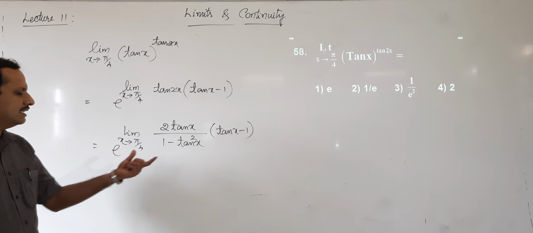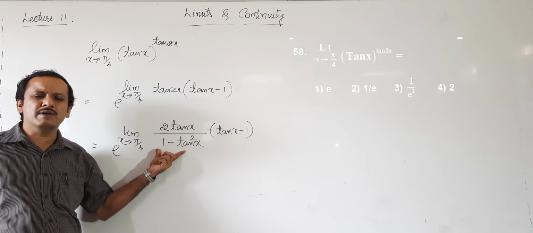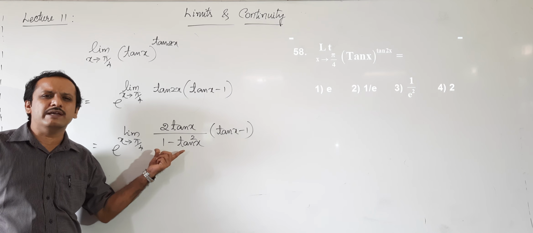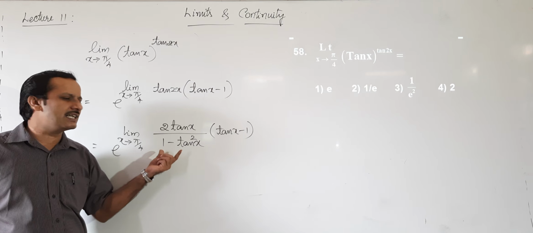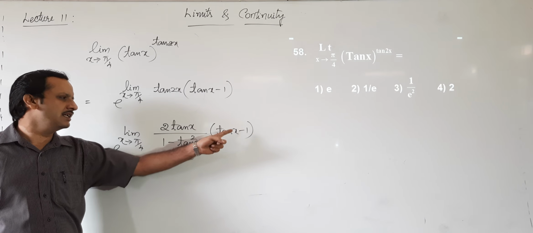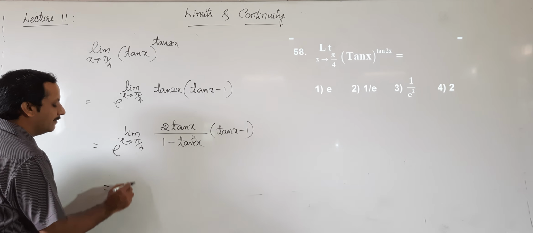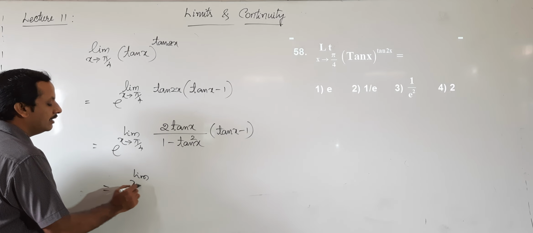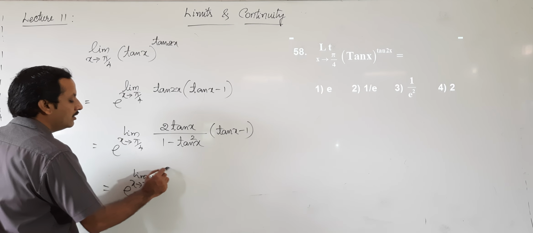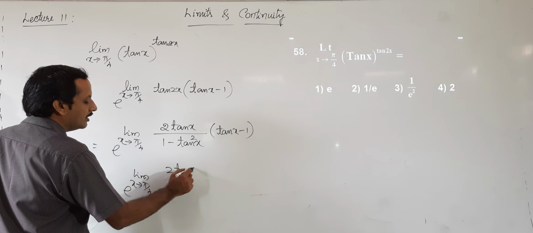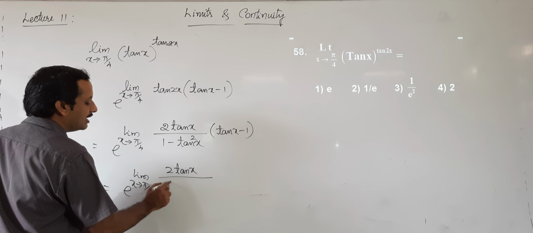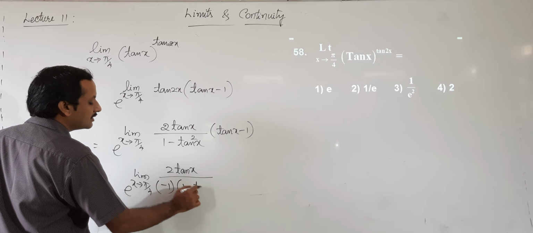Now this can be imagined as a square minus b square, which is equal to a minus b into a plus b. So I can write this as 1 minus tan x into 1 plus tan x. Here there is tan x minus 1, so I will cancel that tan x minus 1. So minus 1 will remain here: limit x tends to pi by 4, 2 tan x divided by minus 1 into 1 plus tan x.